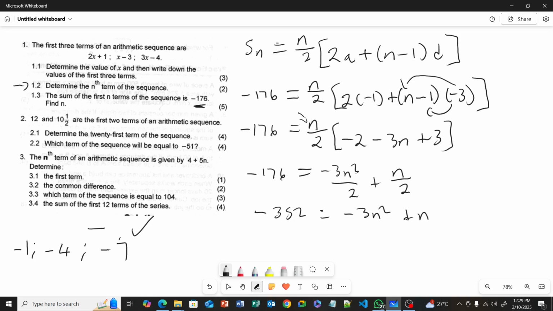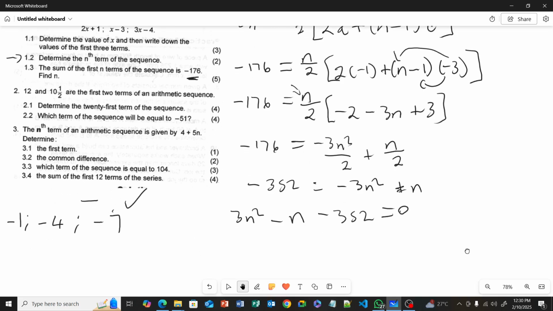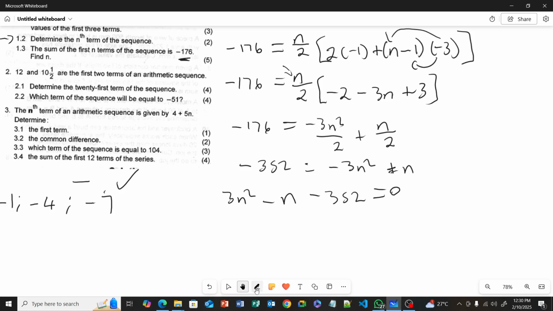So the promise that I made to move everything to the other side, now you have positive 3n squared minus n minus 352 equals 0. Okay. Now this is where we are, right? In this case, you are going to use what we call the quadratic formula.